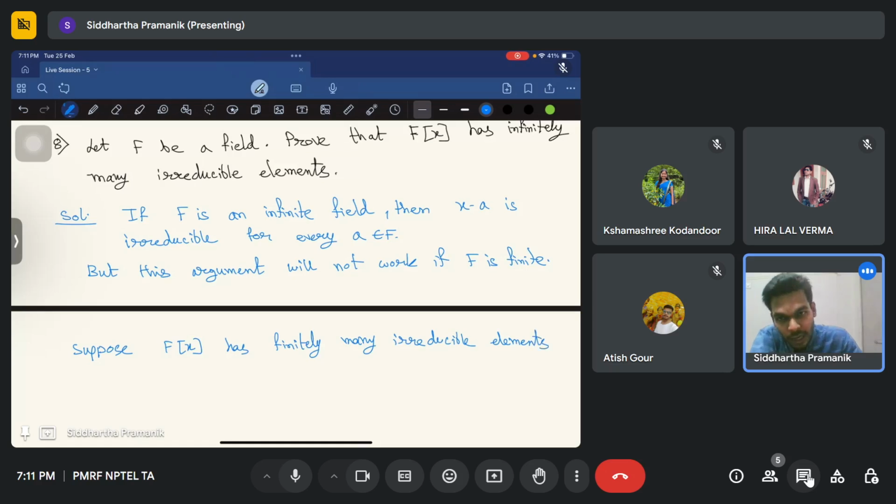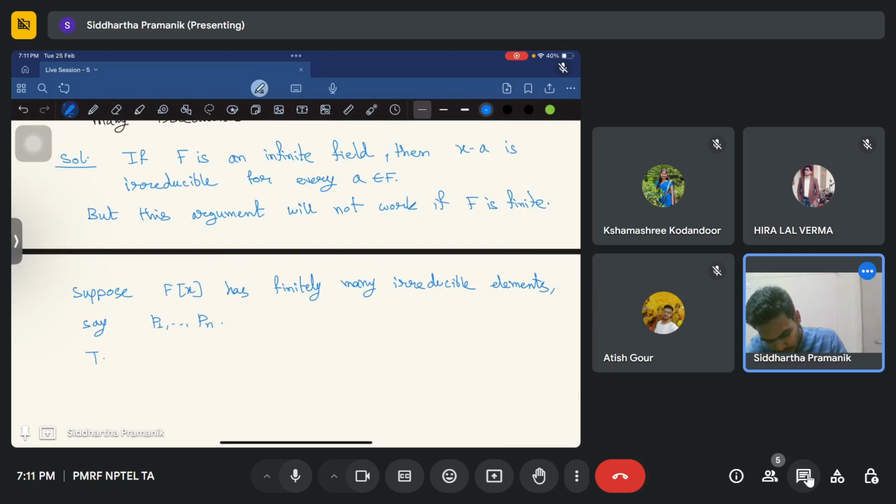So here F can be any field. It may be finite, it may be infinite, it does not matter. We are proving this in general. So F[x] has finitely many irreducible elements, let's say p1 up to pn.